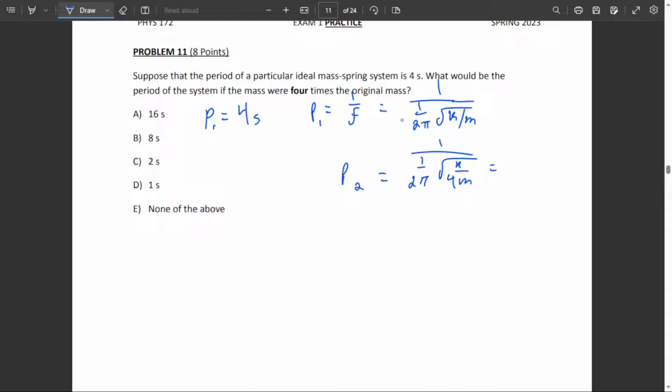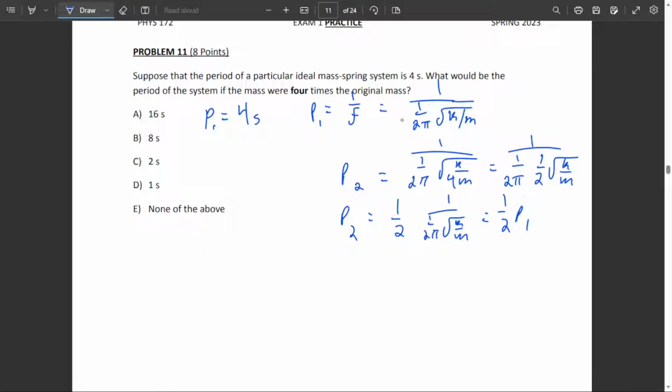And then we get 1 over 2 pi, 1/2 k over m, or overall, P2 is 1/2 1 over 2 pi k over m, or 1/2 P1.